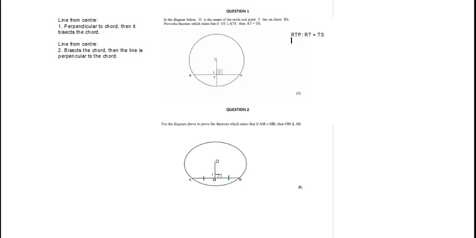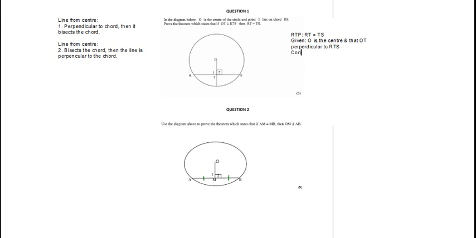We are given that O is the center and that OT is perpendicular to RTS. Now we want to start with the construction when we are proving.